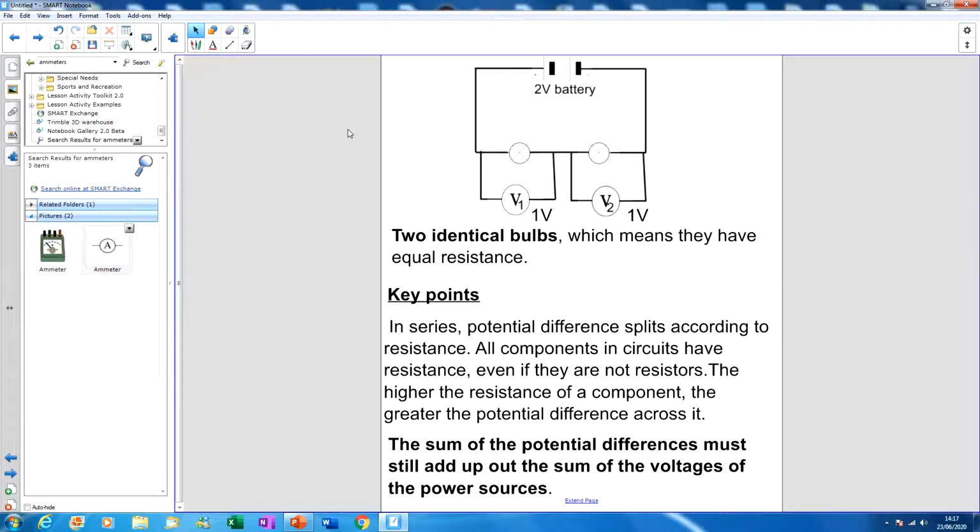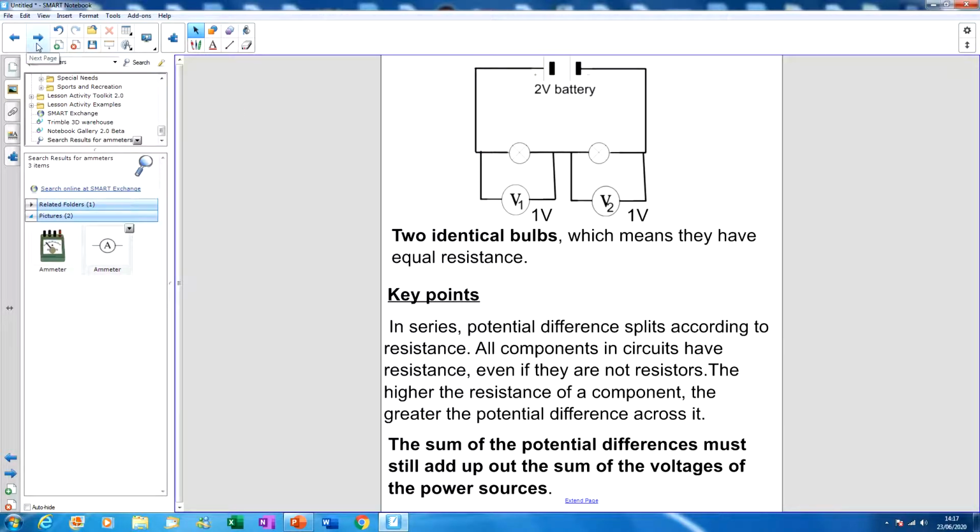And also, they have to be the same number because they have equal resistances. So the only way you can meet those 2 criteria is if you have V1 and V2 both being 1 volt. So they do indeed have the same potential difference, 1 volt, and if you add them up, they do make your 2 volt input voltage.